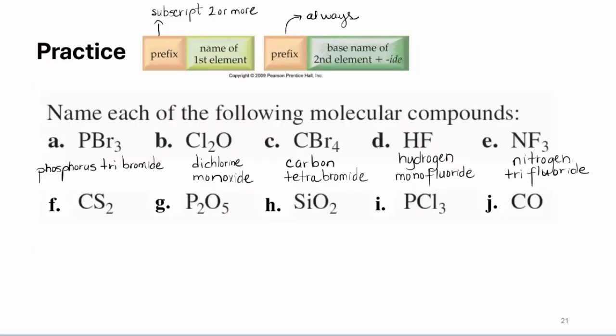On letter F, I have CS2. This is carbon disulfide. On letter G, since my phosphorus has a subscript of 2, this is diphosphorus. The subscript is 5, so the prefix is penta.